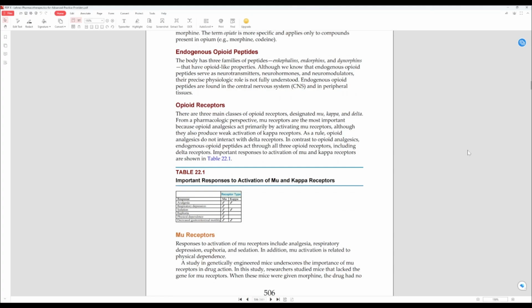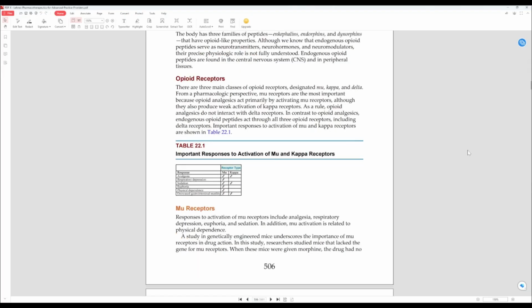The body has three families of peptides: enkephalins, endorphins, and dynorphins that have opioid-like properties. Although we know that endogenous opioid peptides serve as neurotransmitters, neurohormones, and neuromodulators, their precise physiologic role is not fully understood. Endogenous opioid peptides are found in the central nervous system and in the peripheral tissues.